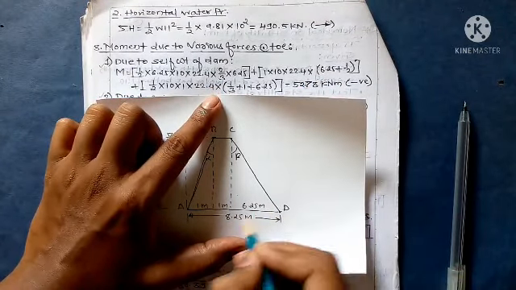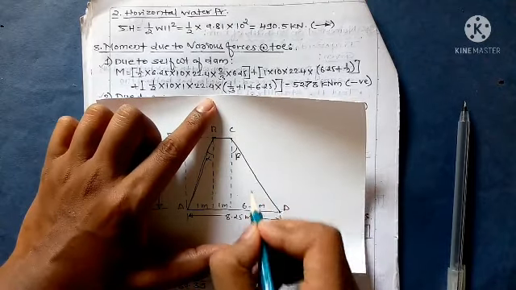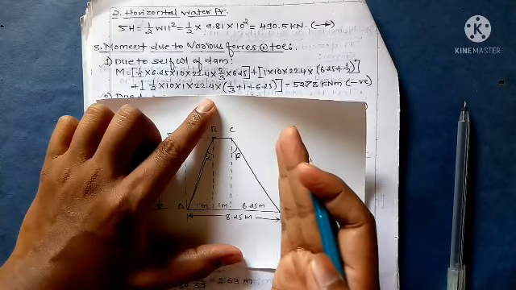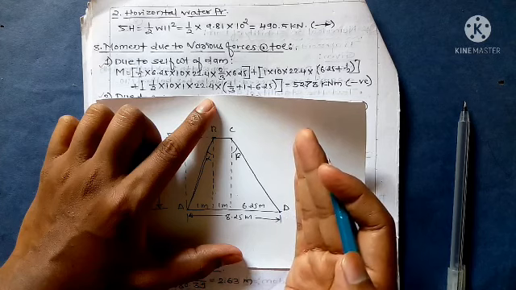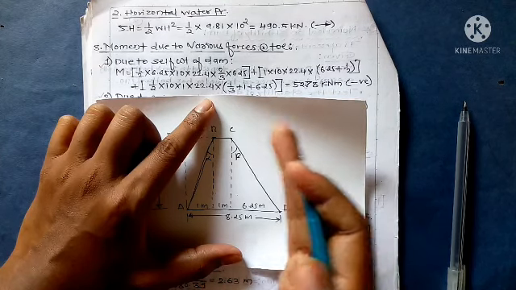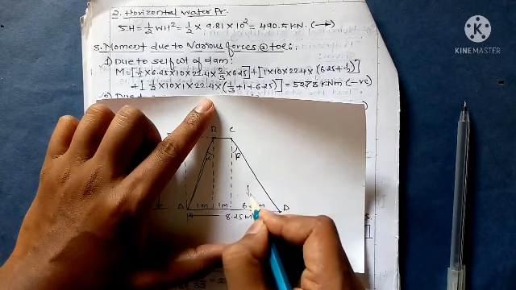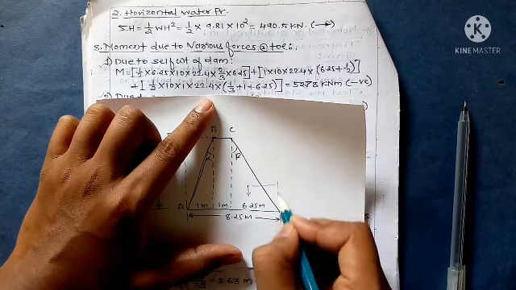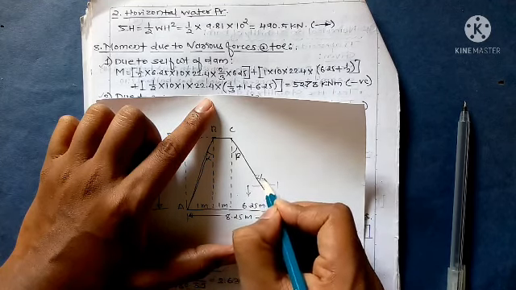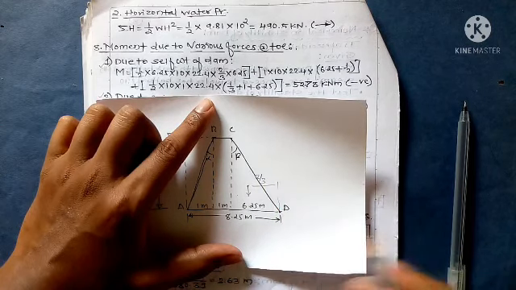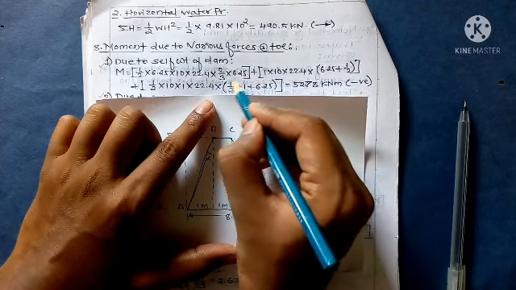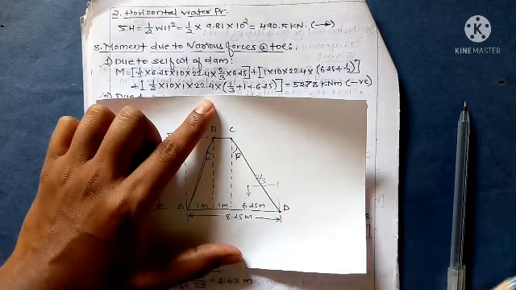So for this section CG, that is 2/3 from this side, so we have CG 2/3 from this side, so 2/3 into 6.25, that is this.